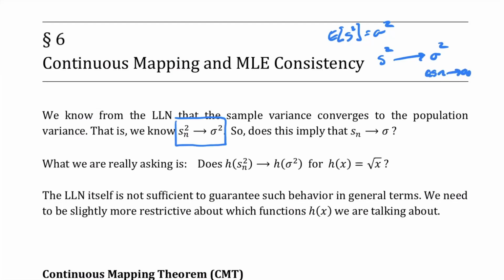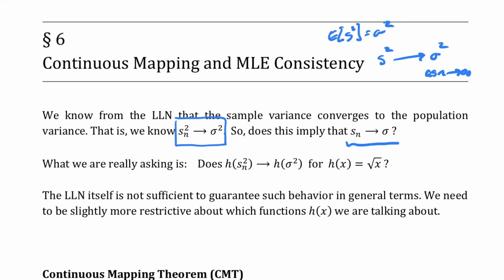Well, then, if the sample variance converges to the population variance, what happens to the standard deviation? Is it true that the sample standard deviation converges to the population standard deviation? Really? And in fact, it's going to turn out to be yes.